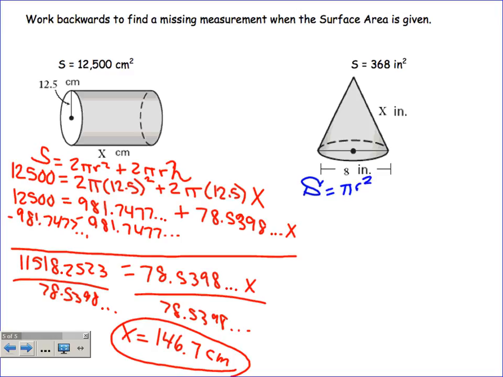Pi r squared plus pi r l, that sounds good to me. Tyler, what's the r? Careful. Not 8 either. Not 16 either, it's 4. So that's 4 right there, that's r.